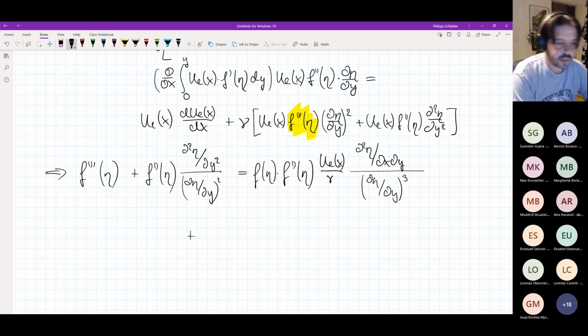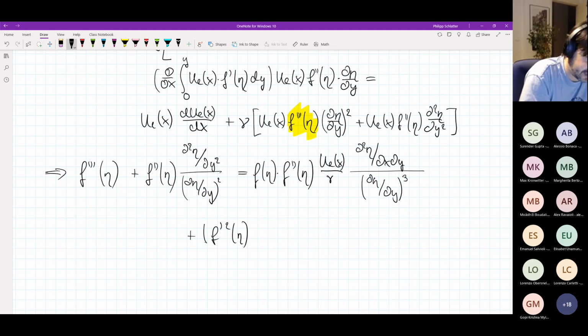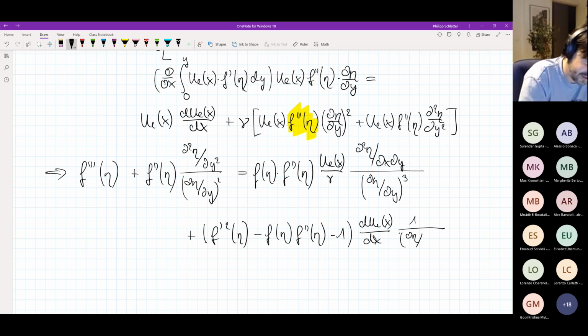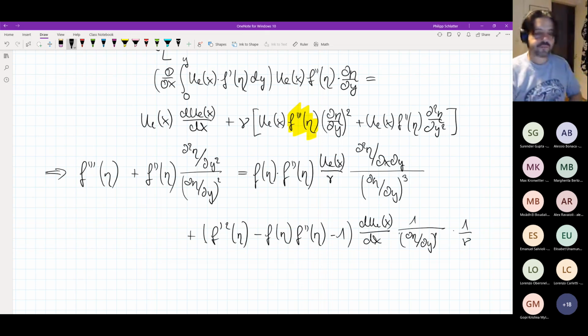And I have one more term, that is f prime squared of eta minus f of eta times f double prime of eta minus 1, times due of x dx, times 1 over d eta dy squared, times 1 over u.